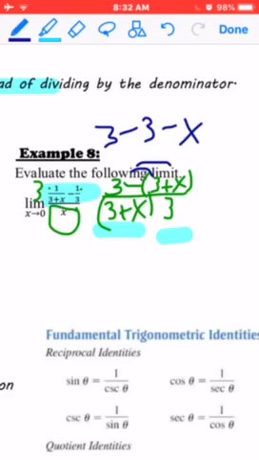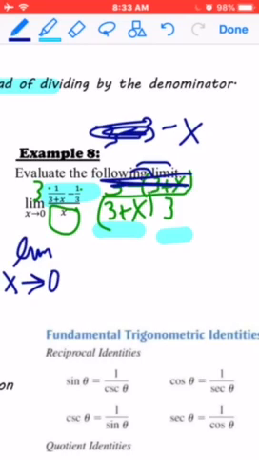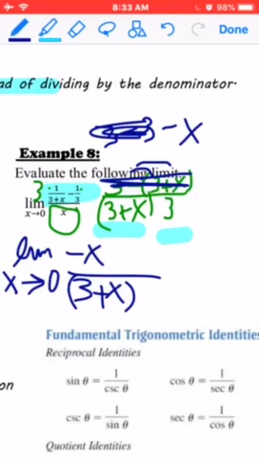Okay, and then the 3's would cancel. So really simplifying the numerator, you just get negative x. Okay, so now we're at limit as x approaches 0 of negative x over 3 plus x times 3. And then I am going to go ahead and write that times 1 over x instead of dividing the whole thing by x.